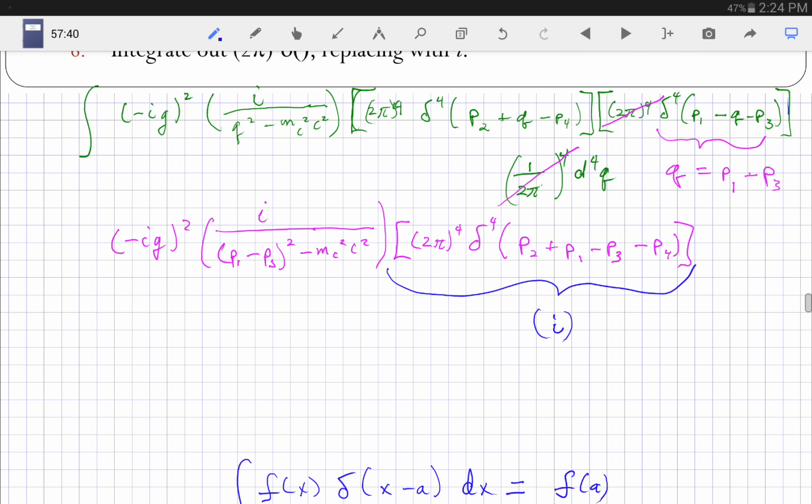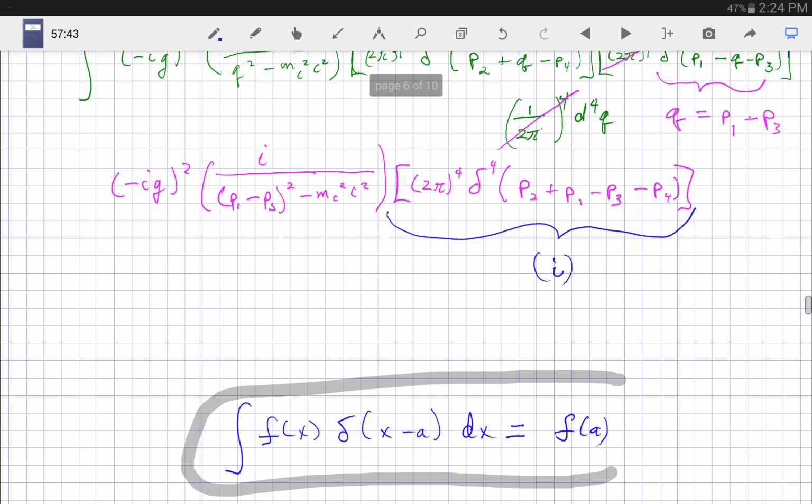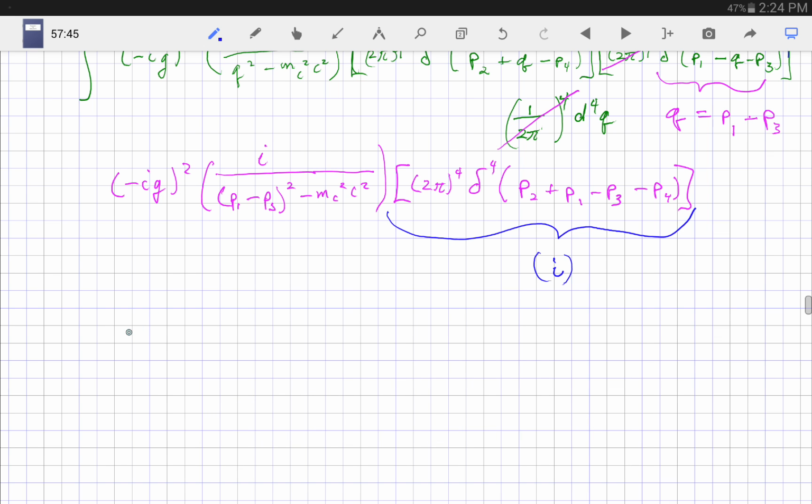So now I'm left with, okay, I got to erase this because I'm actually going to use this area. Now I'm left with minus i g squared times i times another i over (P1 minus P3) quantity squared minus m c squared c squared.